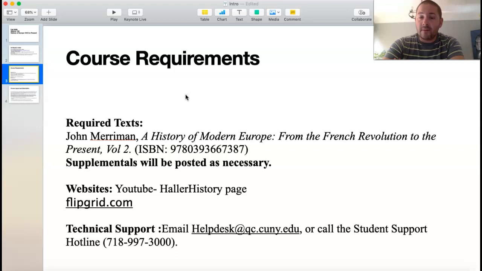Every unit, every chapter will be read throughout the course of the semester, and the expectation will be that you will have the week to acquaint yourself with the reading, to prepare yourself for the written responses and the discussions that will be available. I will also put out supplemental materials in PDFs and in Word documents on the Blackboard page. So again, please make sure that you acquaint yourself with how to access those documents.